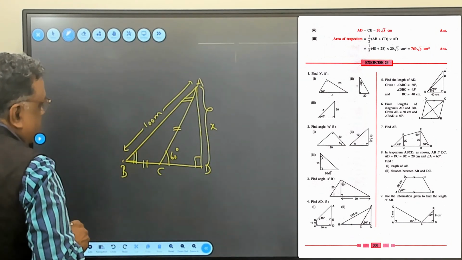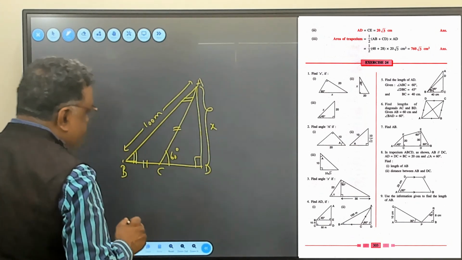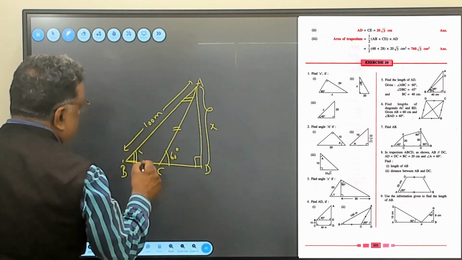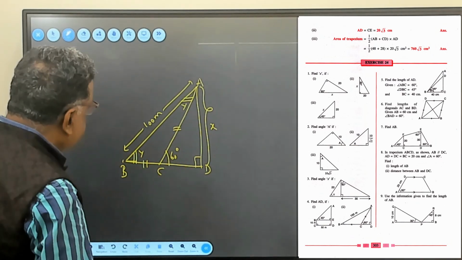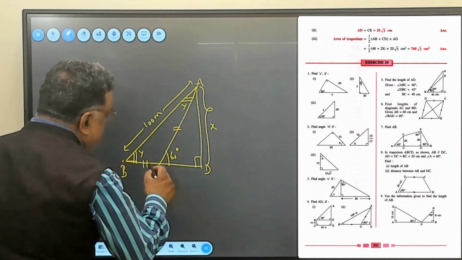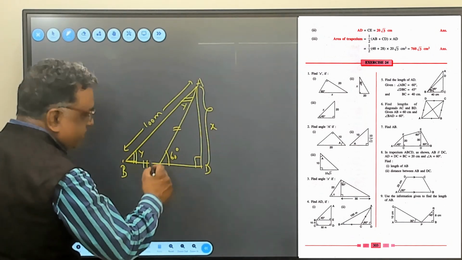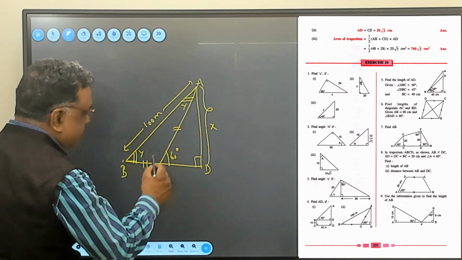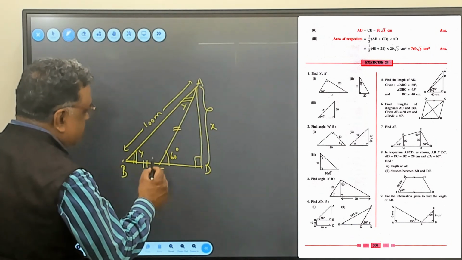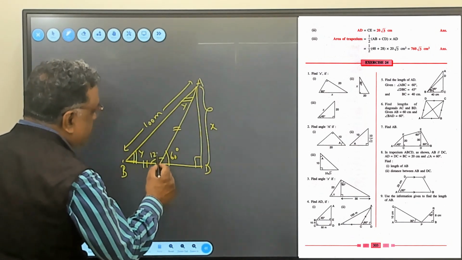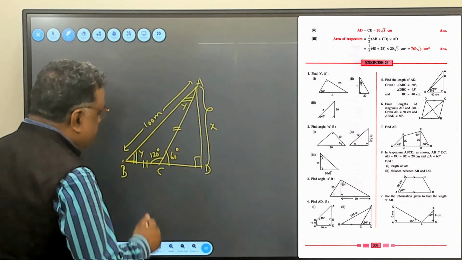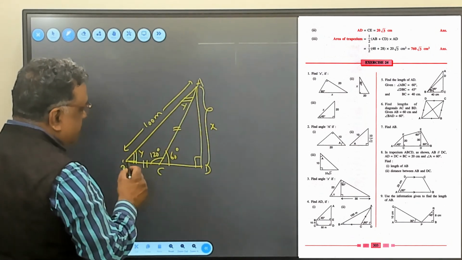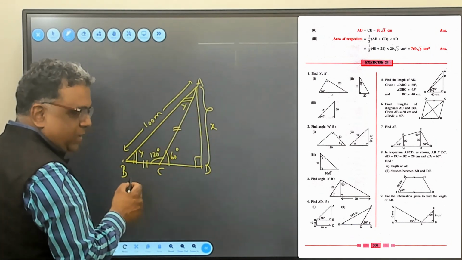So let us say this angle is y and this angle is y. Clear? Now this entire angle is 180, full angle in the line. If this is 60, will not this angle be 120 degrees? Correct?